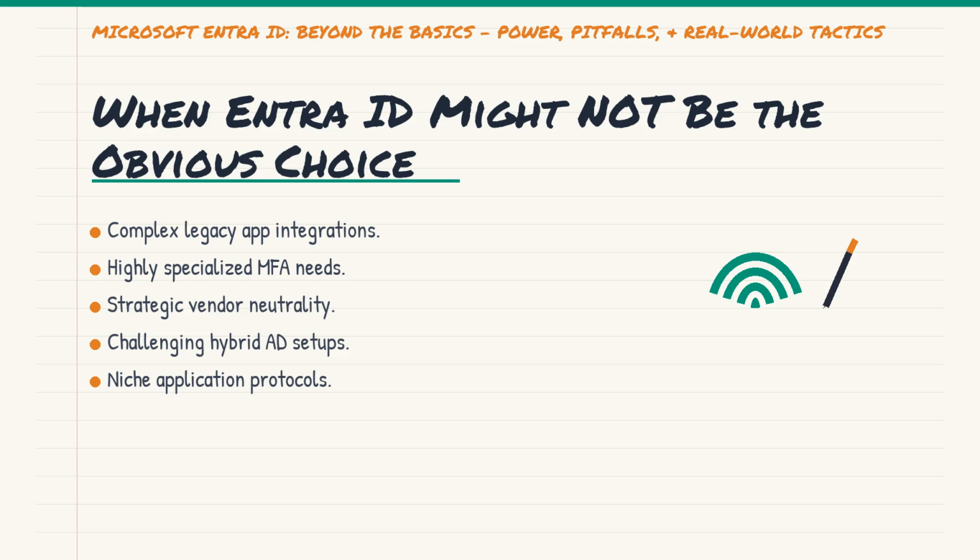Also, some organizations prefer a truly vendor-neutral IAM platform for strategic reasons, to avoid vendor lock-in, even if it means more integration effort. And as we discussed, if your hybrid AD environment is particularly complex and poorly managed, attempting to overlay Entra ID can be a monumental task.